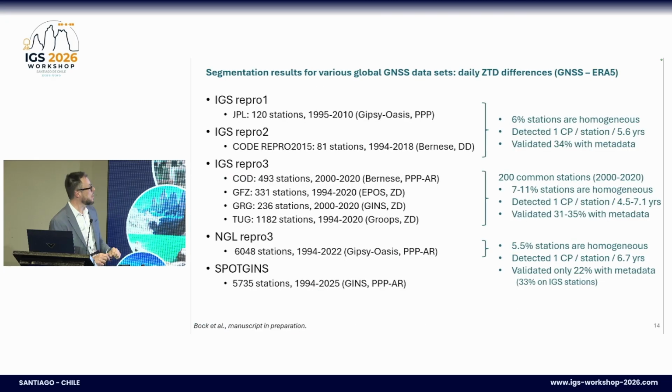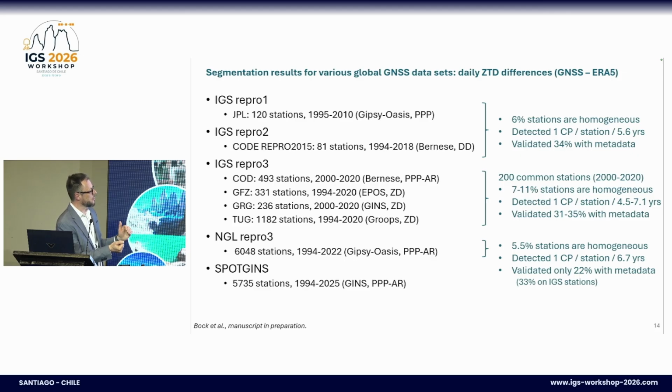So we apply this method to a number of different data sets. And here, to summarize, the results we find from the segmentation are very consistent across the data sets. Less than 10% of the stations are usually homogeneous, meaning that we don't detect any jump.